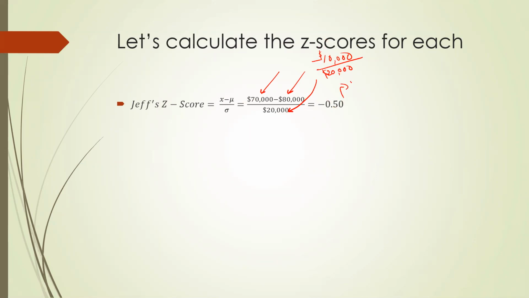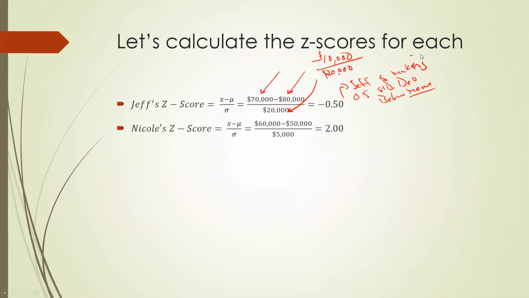So Jeff is making 0.5 standard deviations below the mean for people in New York City. Whereas Nicole was making 60,000 minus 50,000 is 10,000 divided by 5,000. She's 2 standard deviations above the mean.